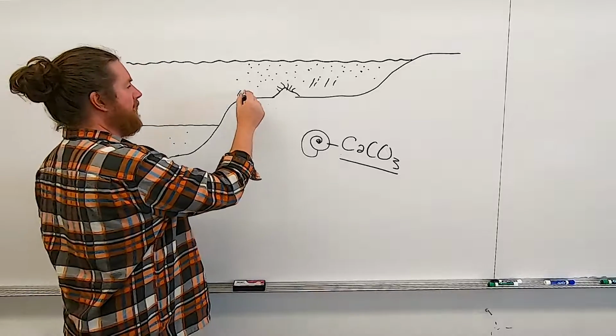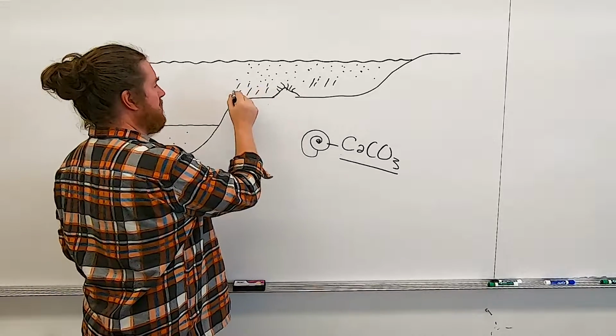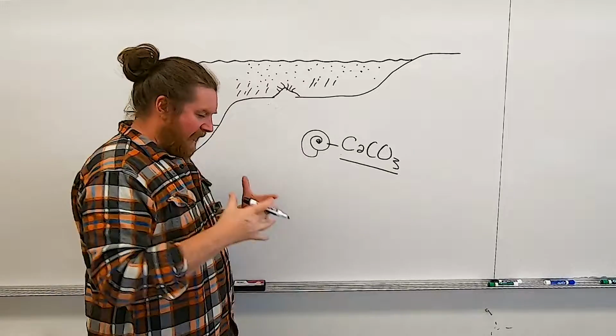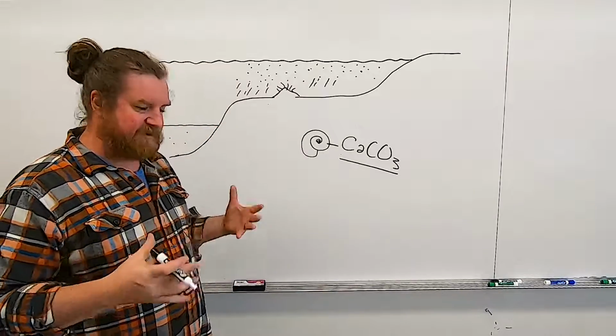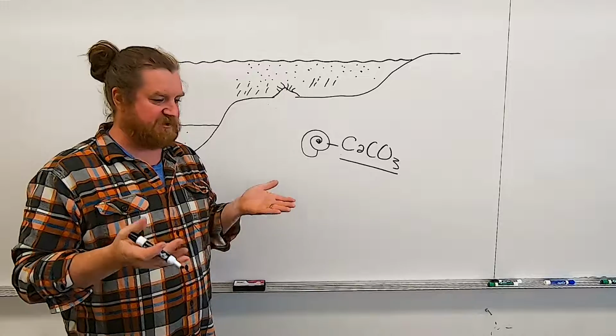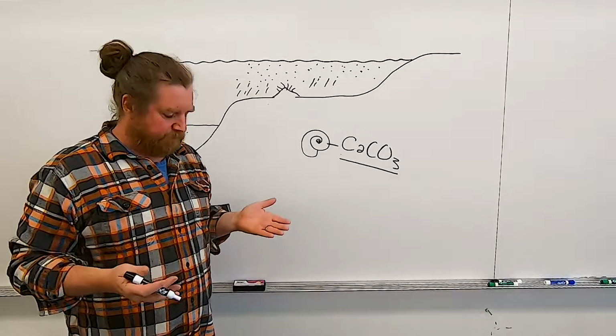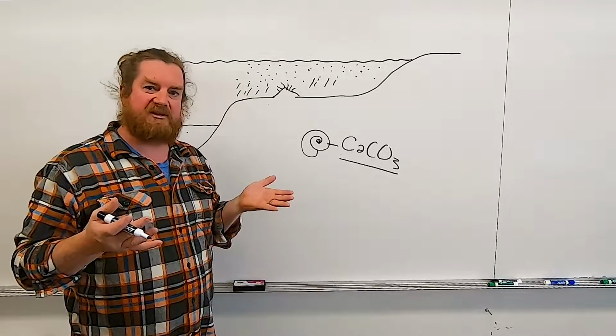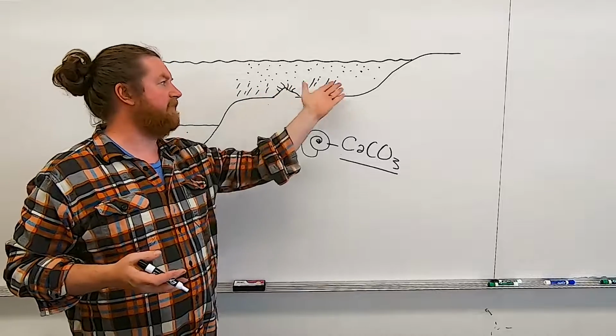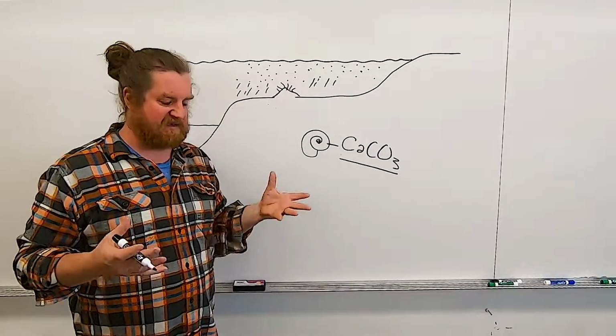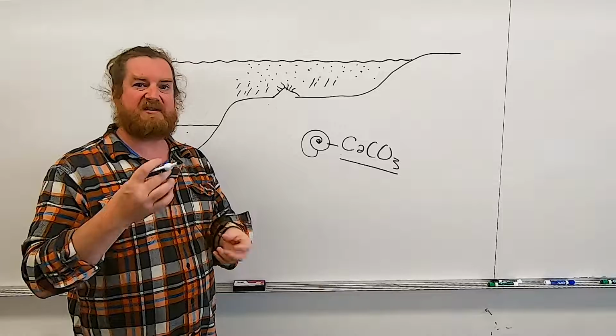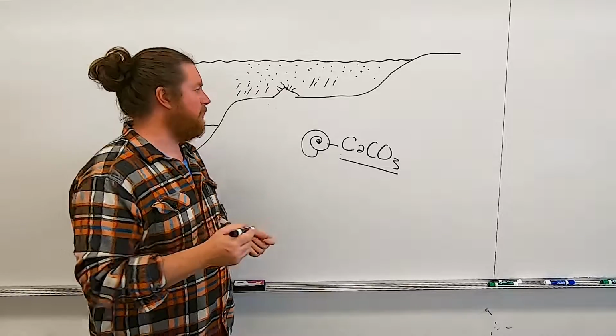So we have this water and it's littered with calcium carbonate, but as that concentration starts to reach essentially the level of saturation, the amount that can be handled in this seawater, once you surpass that, it actually starts to crystallize out of the seawater.